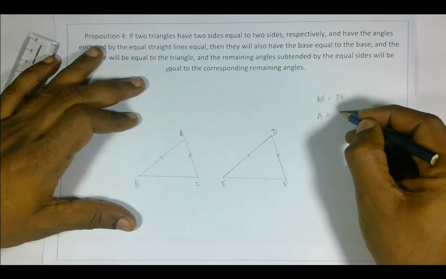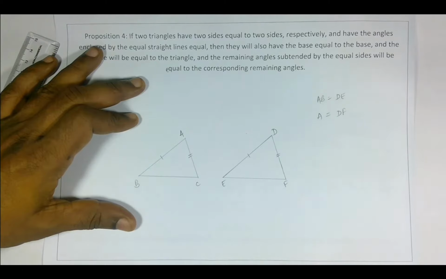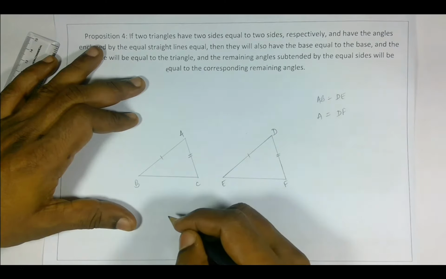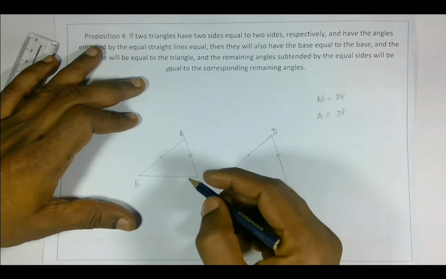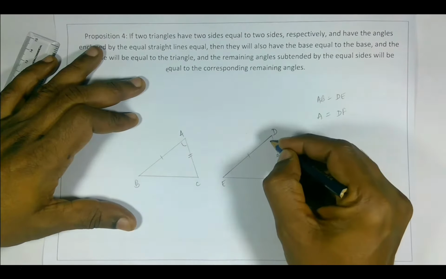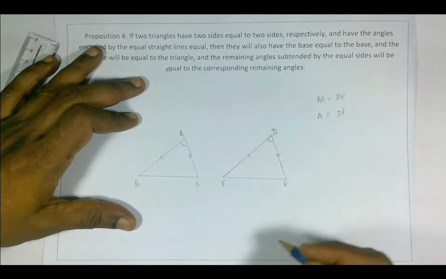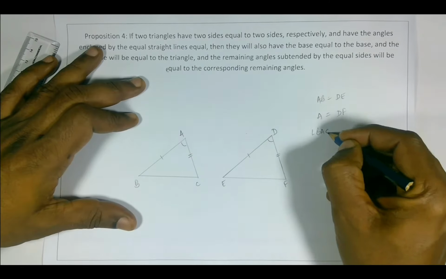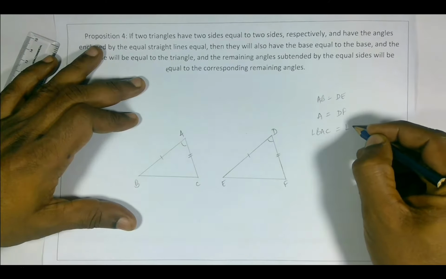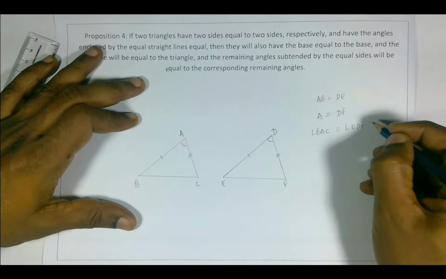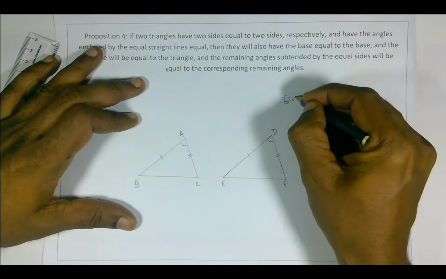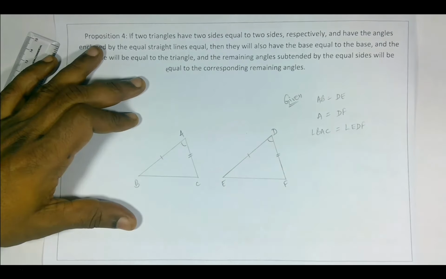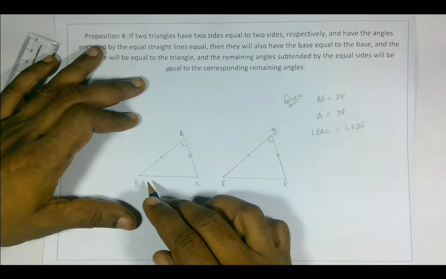AC is equal to DF. And the angle enclosed between them, that is this angle and this angle, they are equal. So angle BAC is equal to angle EDF. This is given.